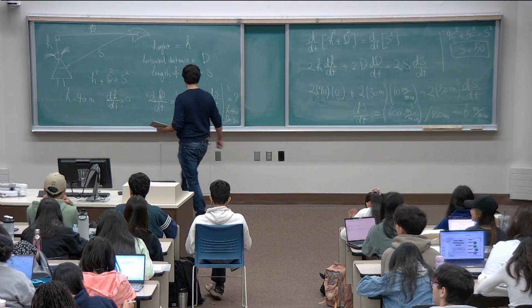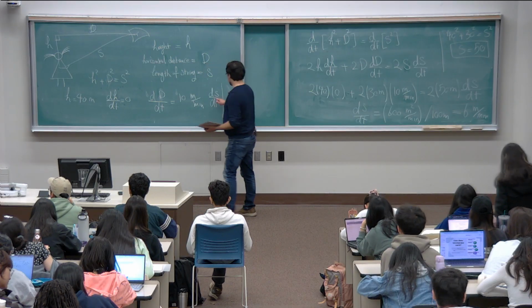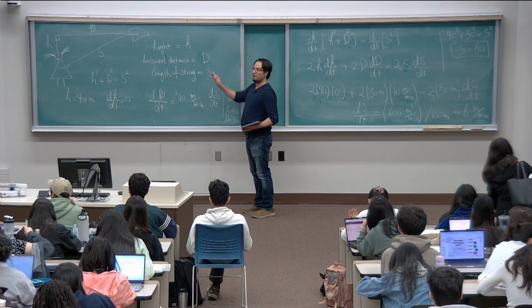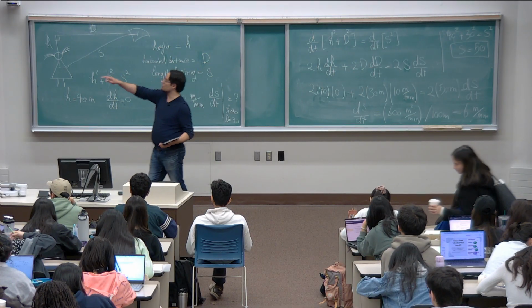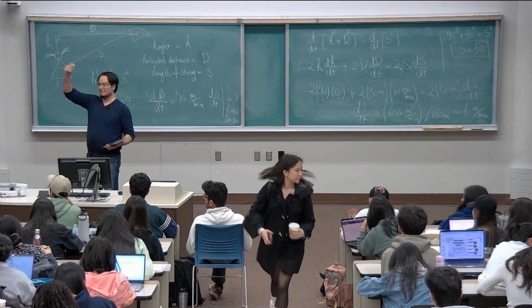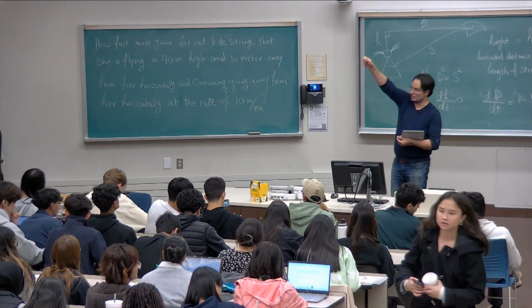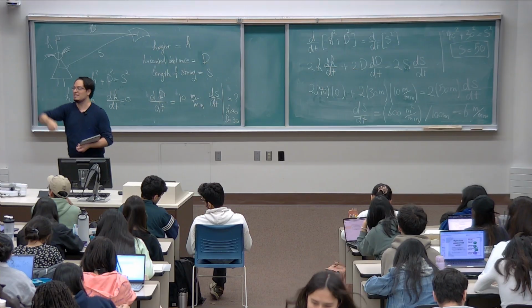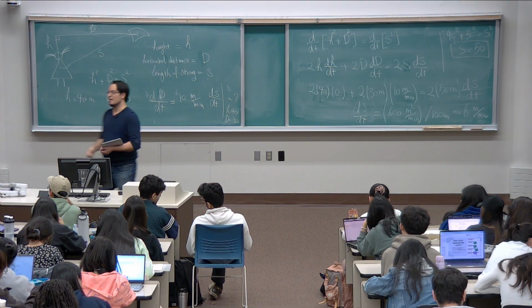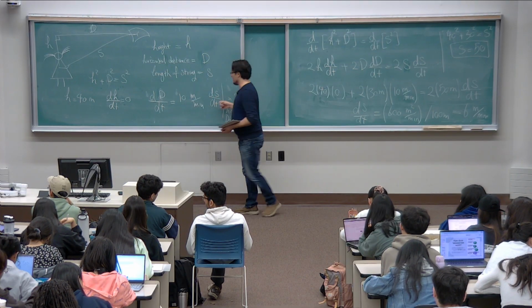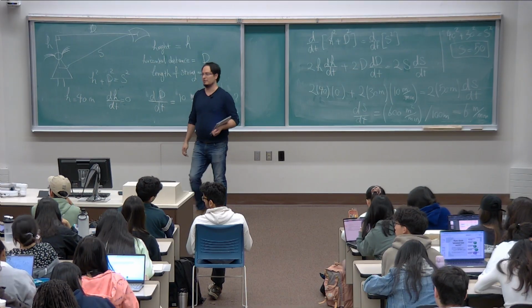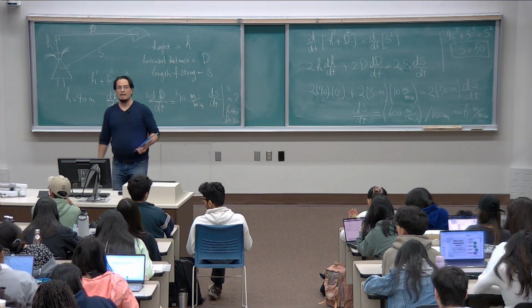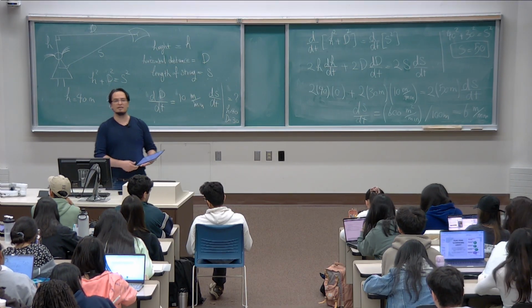So ds/dt, this is what we are trying to find: how fast Janet should let the string go. The s is the length of the string. Now the how fast is ds/dt. So we are trying to find what is ds/dt with this information given. Yeah? Any other questions? Any other comments?